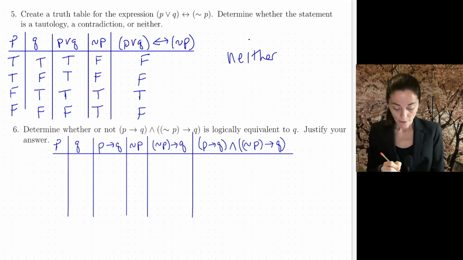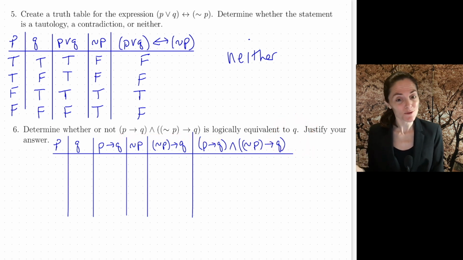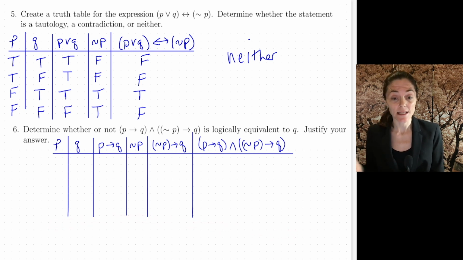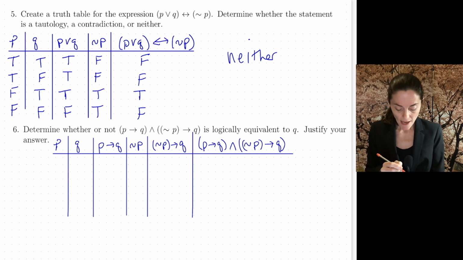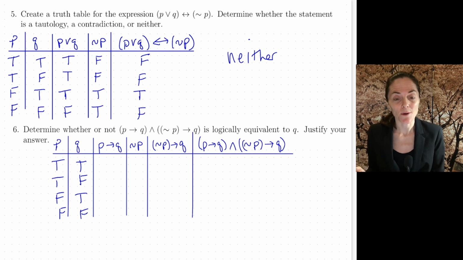Next, we want to determine whether this compound statement, P implies Q, and not P implies Q, is logically equivalent to Q. And we will do this with the truth table. Again, I have already listed the columns, and we have 2 possible truth values for P, 2 possible truth values for Q, and this makes 4 rows in our truth table.